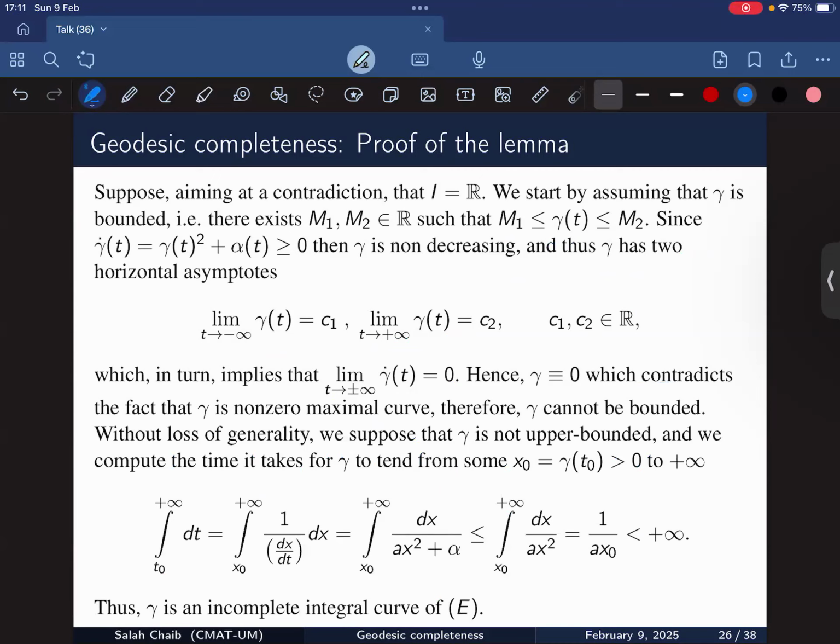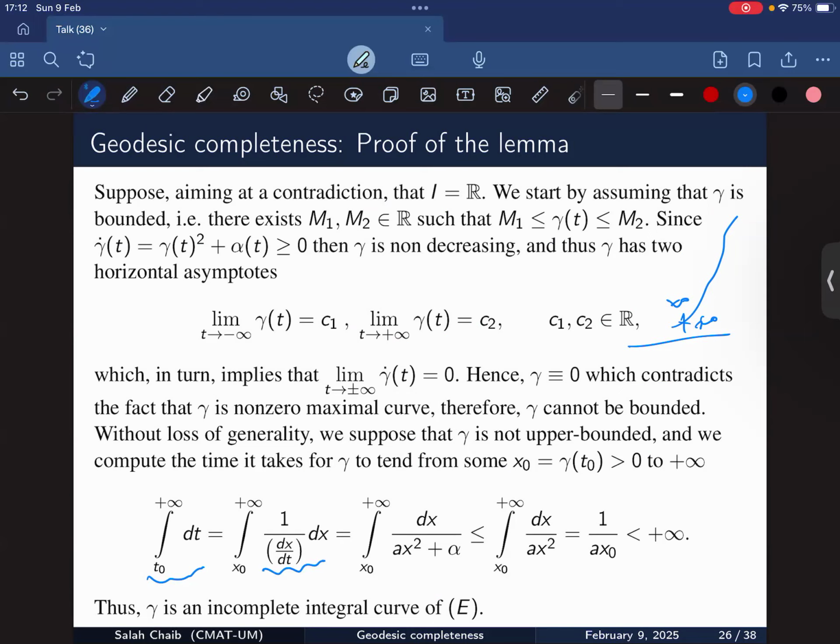Okay, so let's suppose that it's not upper bounded. Like we could have some lower bound, but we don't have an upper bound. So what we do, we compute the time for gamma to go from some initial condition x0 at the time t0 to plus infinity. So integrating to compute the time, it's the integral of 1 dx over dt.